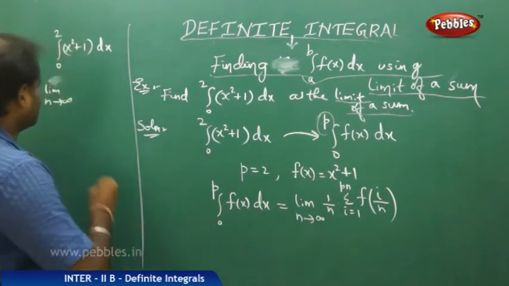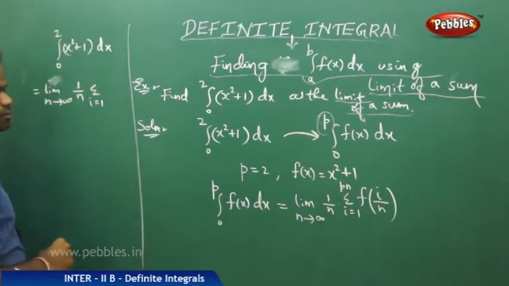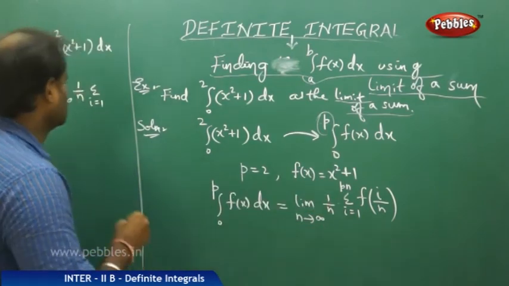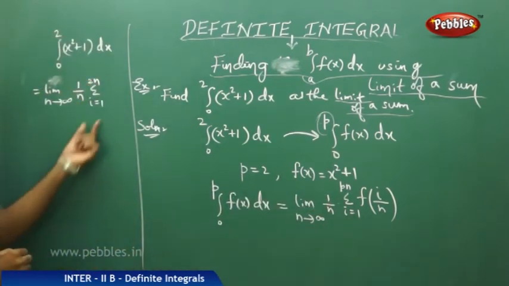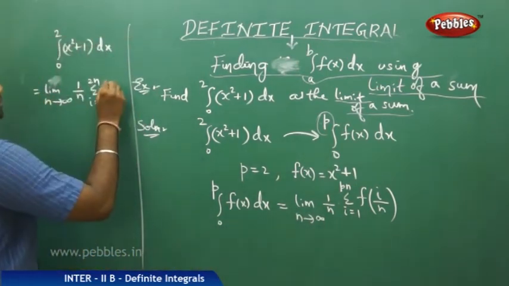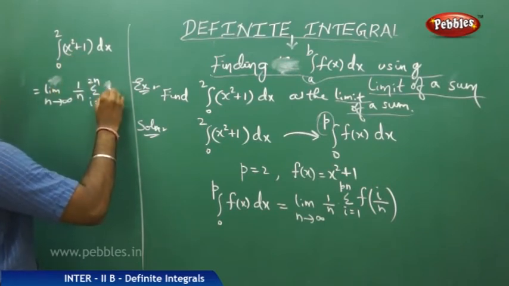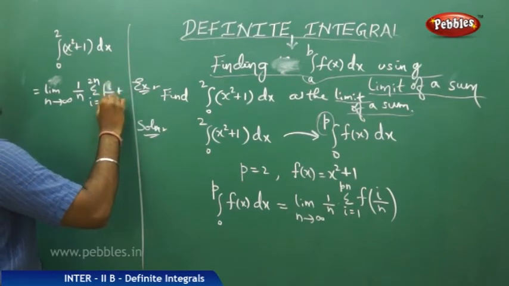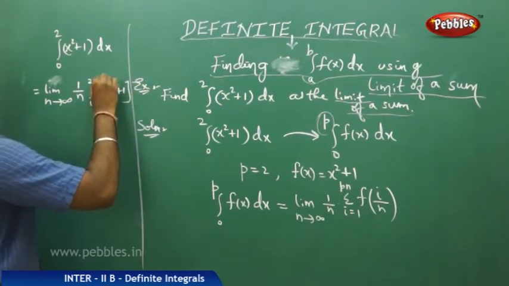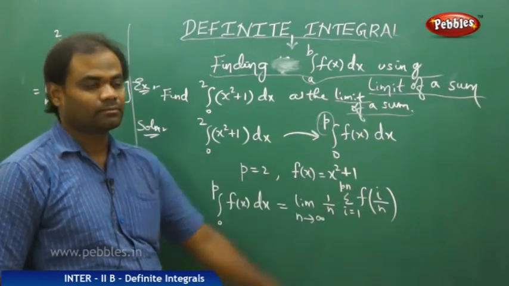and 1 by n, summation i running from 1 to pn, p being 2, this extends from 1 to 2n, and f of i by n, which is x squared plus 1, reduces to i by n whole squared plus 1, using x squared plus 1 expanded through the function f of i by n.